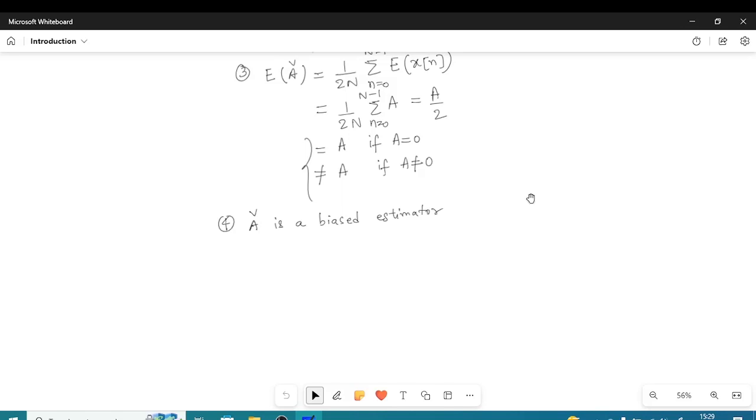So earlier we had said that an estimator is unbiased if it is equal to the unknown value A for all values of A. But here this is not true if A is not equal to 0. It's true only for A equals to 0. But it should be true for all the values of A. Therefore, we can say A tilde is a biased estimator.